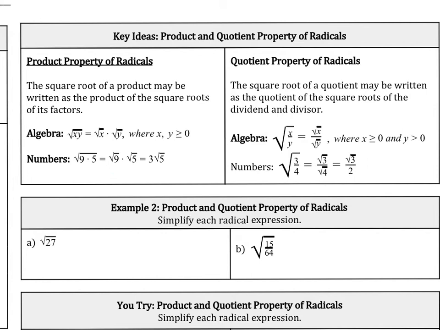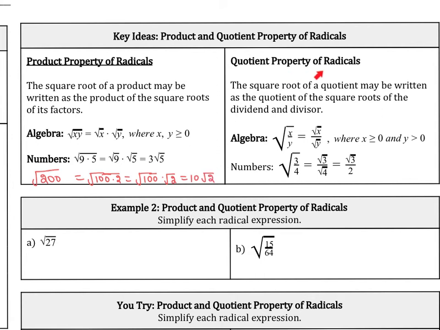Remember, you had 200, and then we wrote it as 100 times 2, and we separated them as square root of 100 times square root of 2, and that's 10 square root 2.